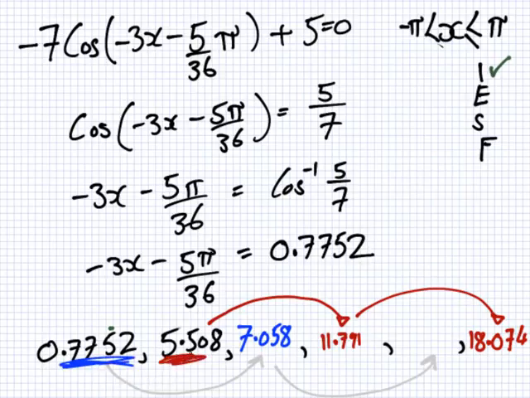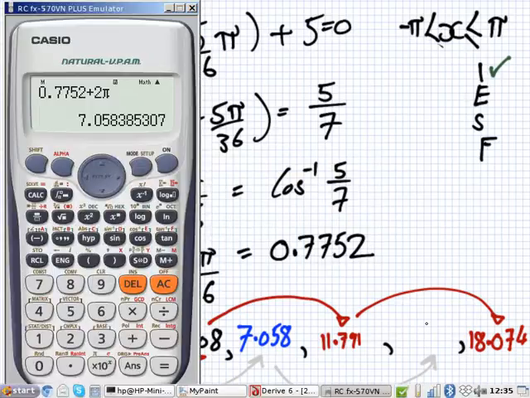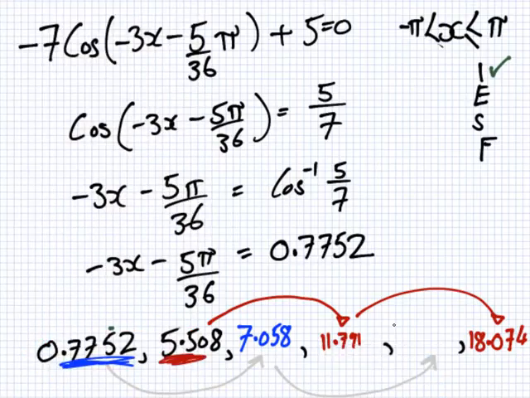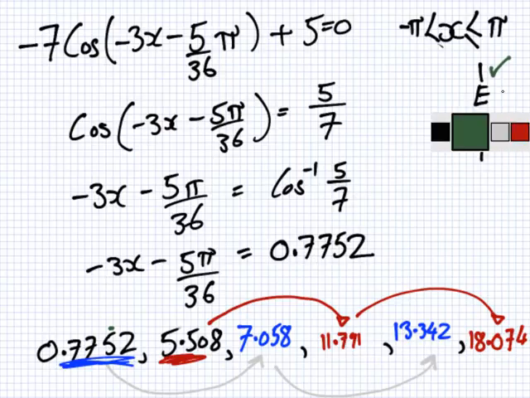Because in a circle, when you go around once, you're back at the start. So we haven't actually changed the angle by adding 2 pi to it. And then adding 2 pi onto this again gives 13.342. So now I've made the extra answers.